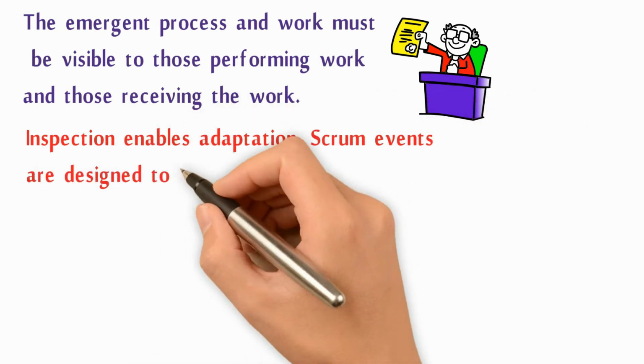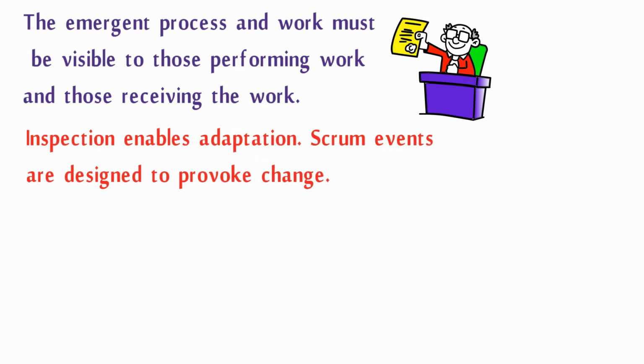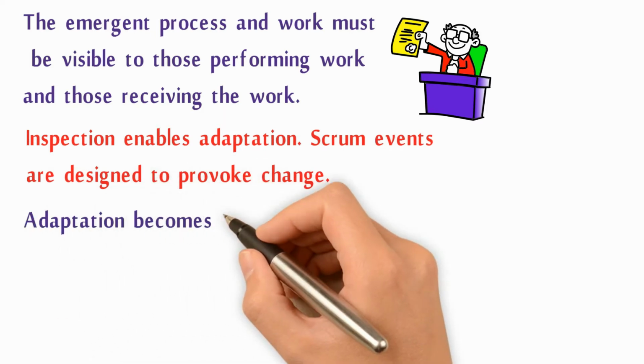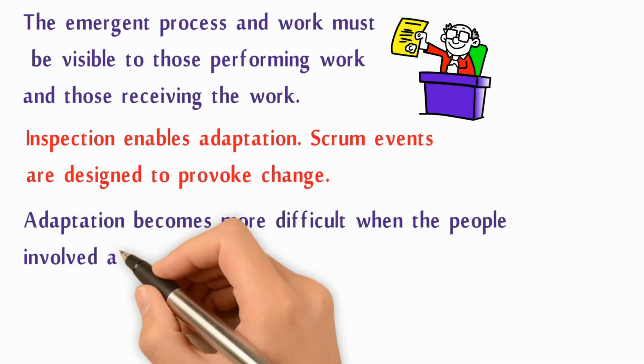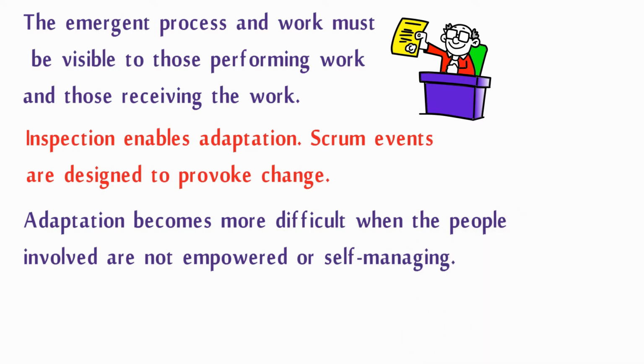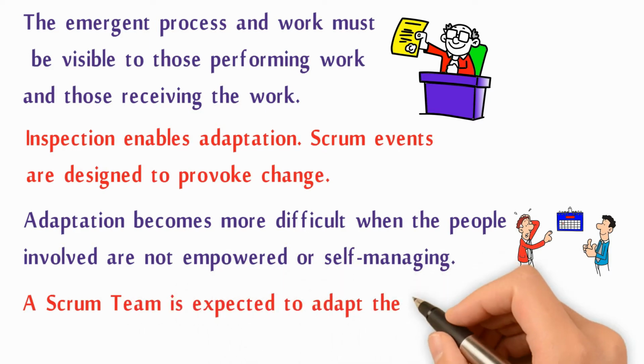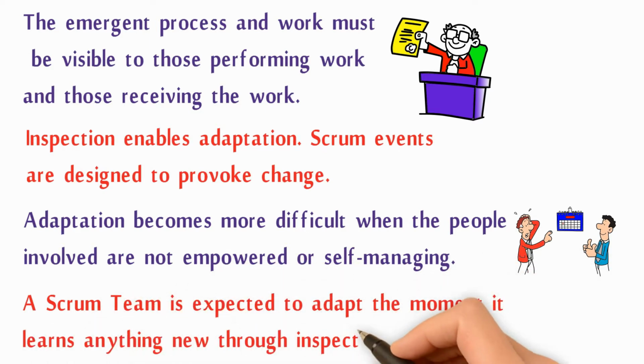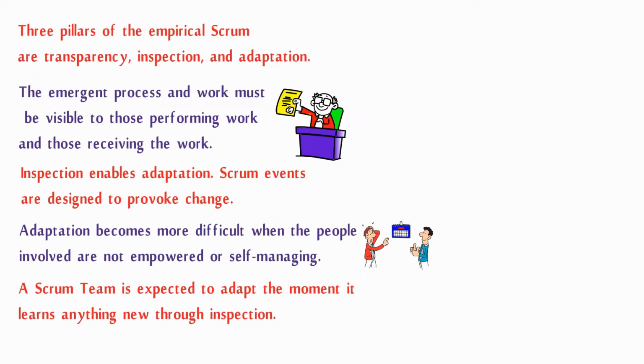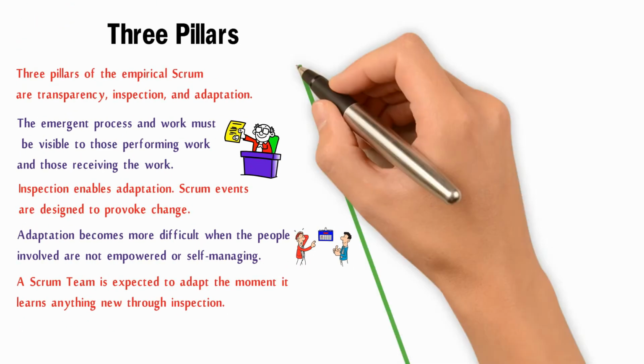Scrum events are designed to provoke change. Adaptation becomes more difficult when the people involved are not empowered or self-managing. A Scrum Team is expected to adapt the moment it learns anything new through inspection.